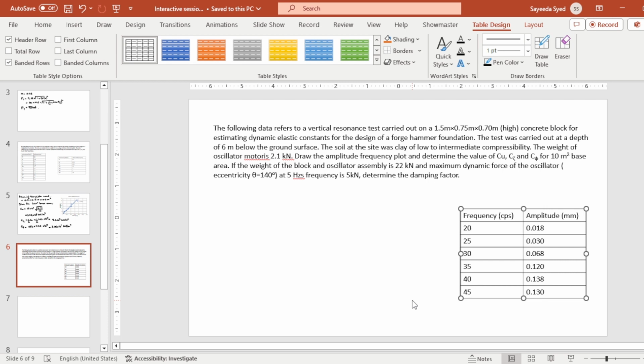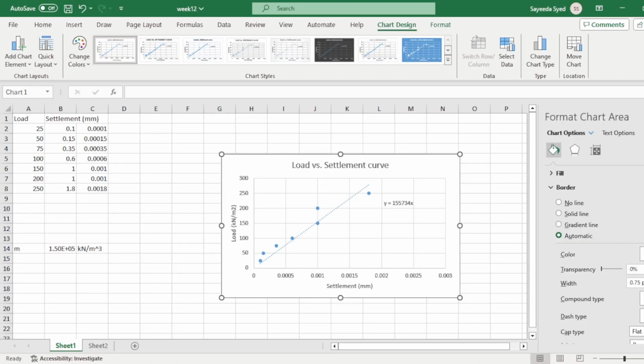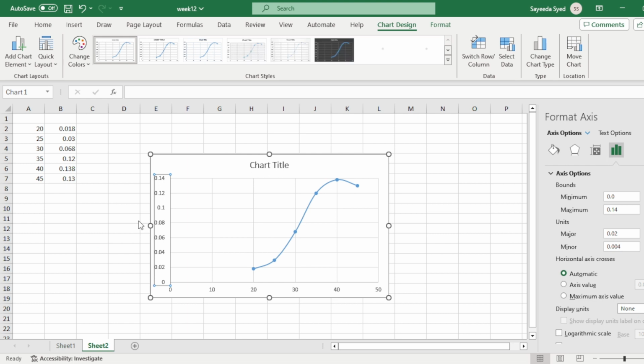Let's first draw the frequency amplitude plot. So first let's draw the frequency versus amplitude graph. Let me draw this again.